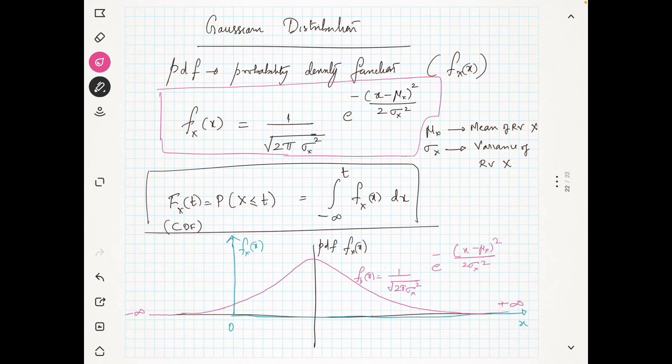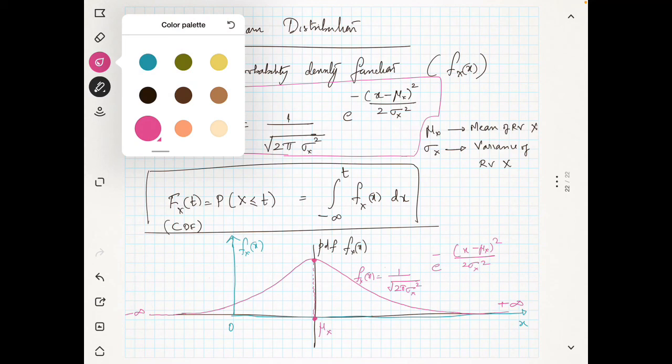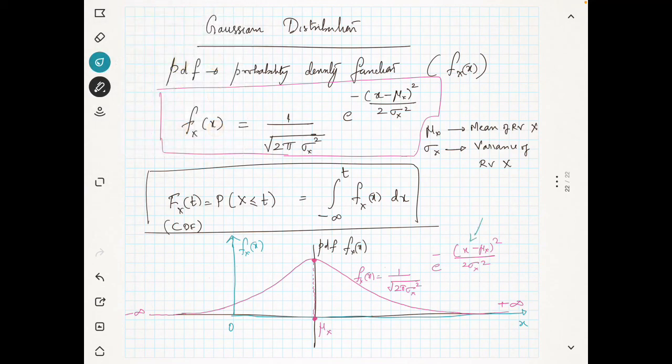And then you may be asking, what about this peak point? Actually, this peak point is nothing but your average mu_X. So mu_X will be your peak point. At mu_X you will get the maximum, because you can see the function has x minus mu_X.